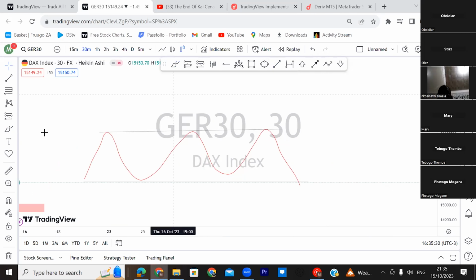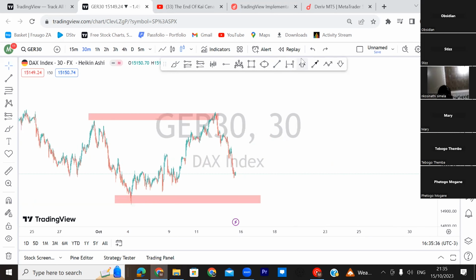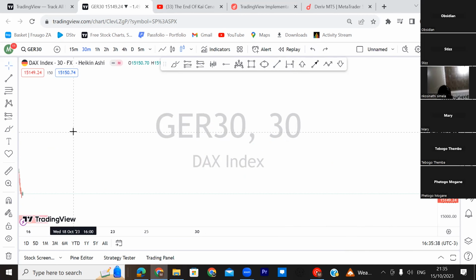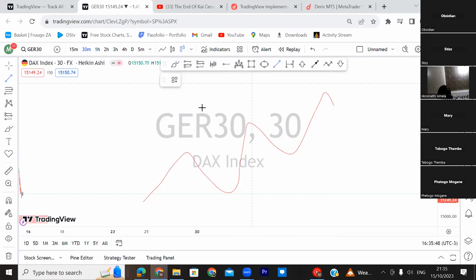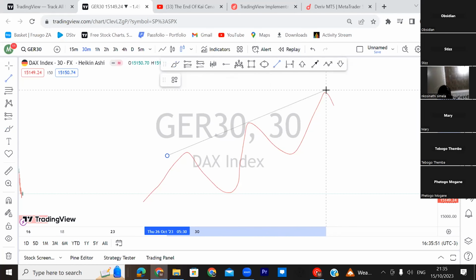It's a channel, so you would obviously trade within the structure. And the second kind of structure you will get is the one that is ascending, which means it's forming while moving up, right? So that's an ascending structure.